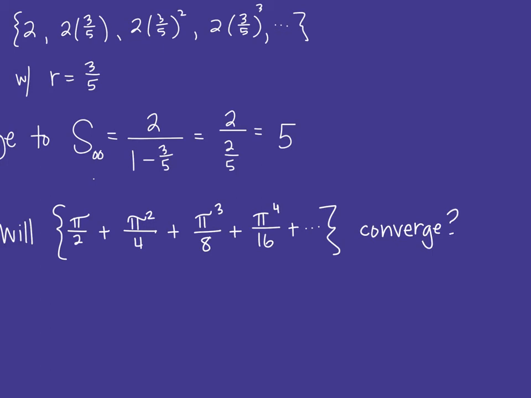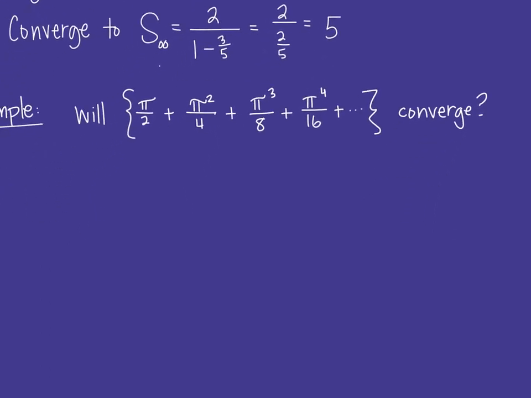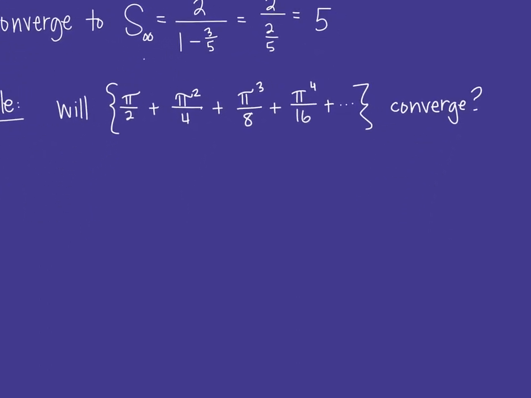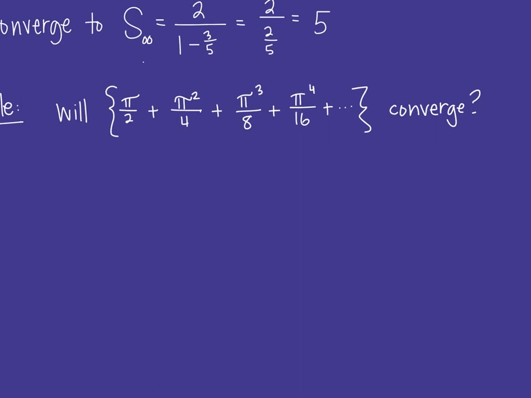So this time you were given it as a series already written out as an infinite sum. And so do you recognize whether this is or isn't geometric? Okay? Is there a constant multiplier? So this is geometric with r being equal to the numerator multiplied by pi and the bottom being multiplied by 2.